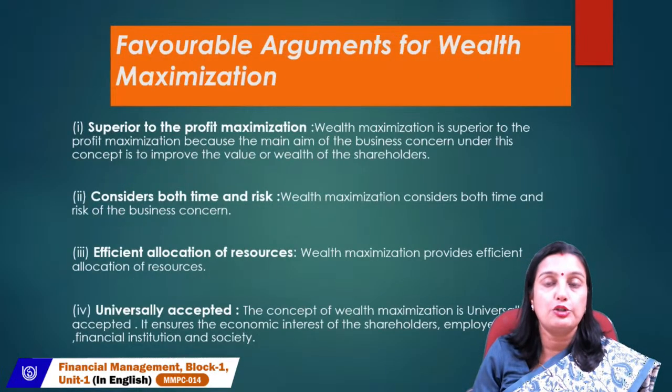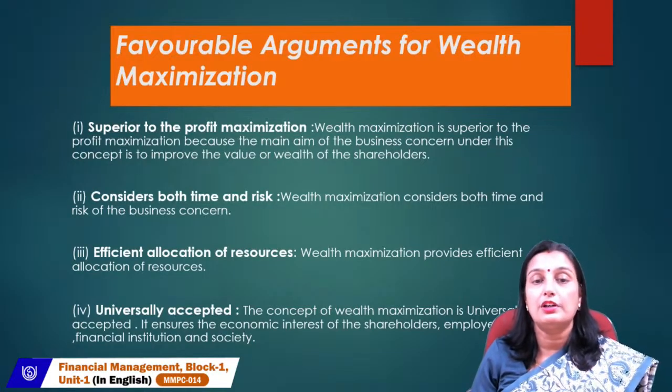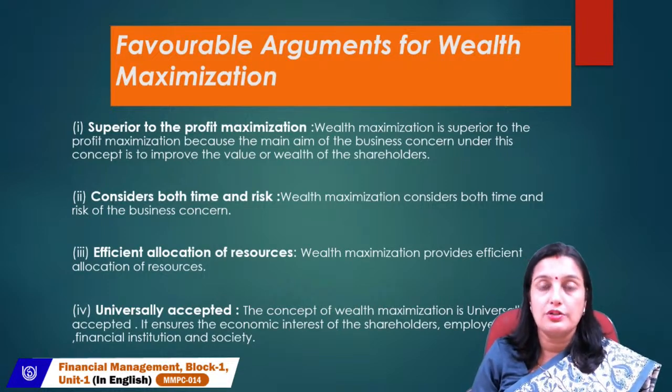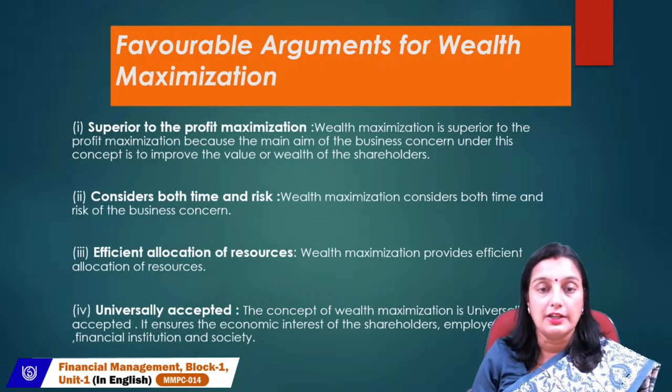Now the favorable arguments for wealth maximization being superior to profit maximization. Wealth maximization is superior to profit maximization because the main aim of the business concern under this concept is to improve the value of the wealth of the shareholders. If the market value of the company increases, the profitability will increase.